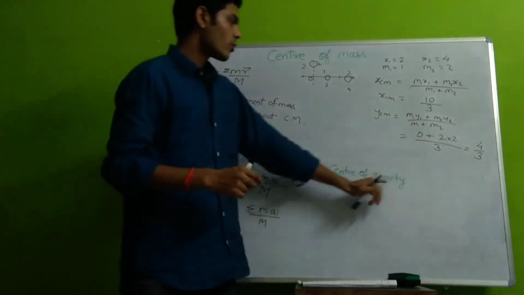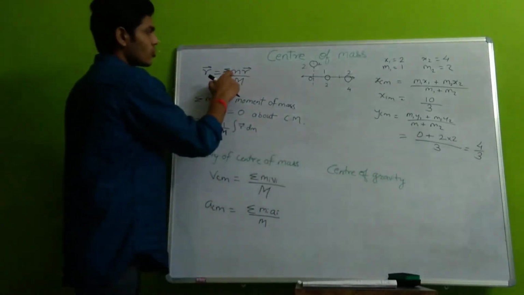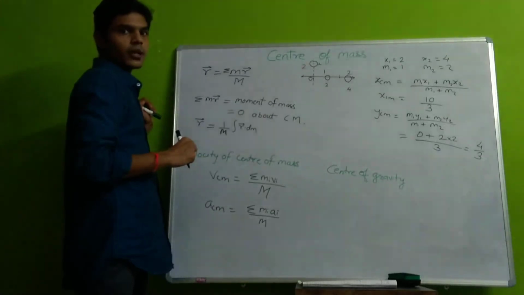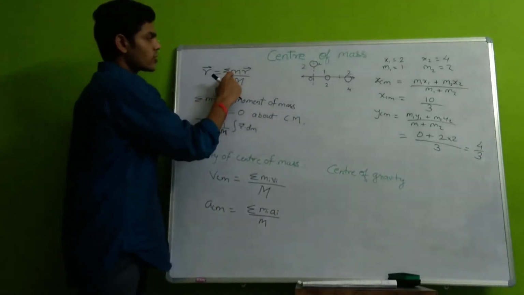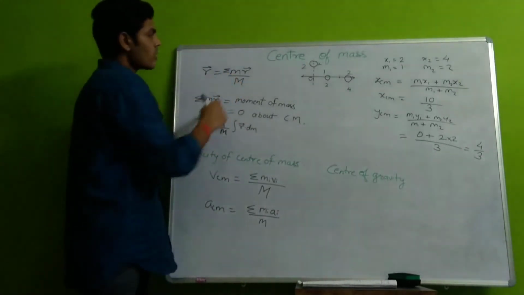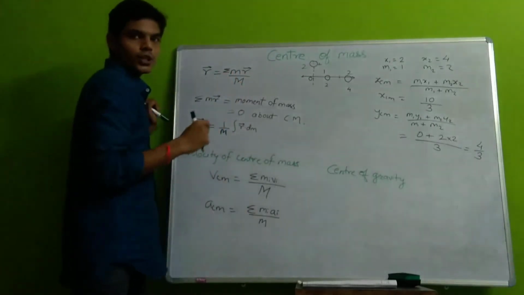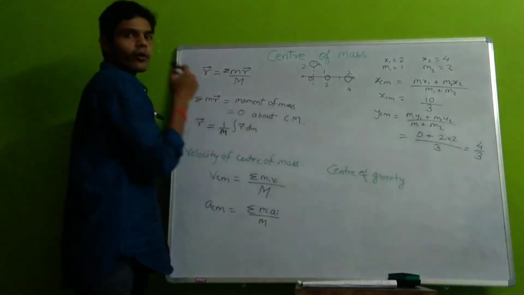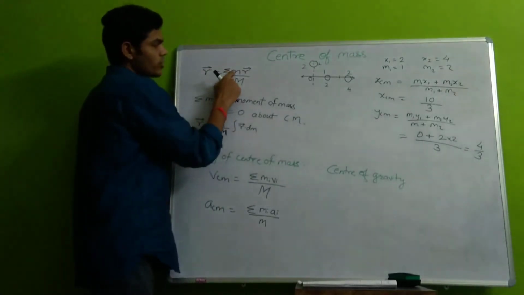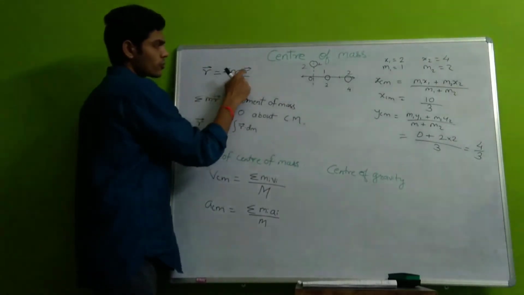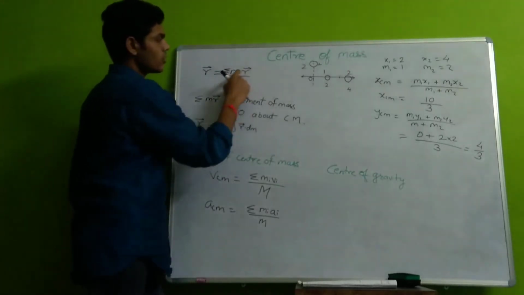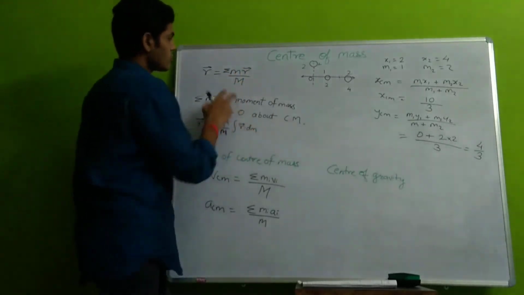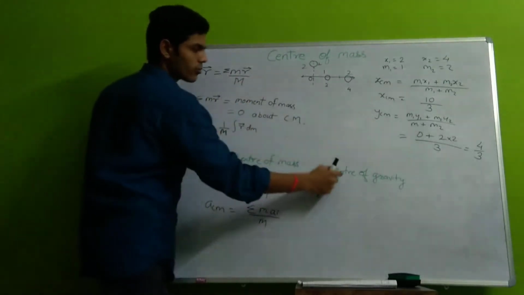Now for center of gravity, we multiply mass by acceleration due to gravity. So instead of m it will be mg. And what is mg? Mg is the force due to gravitation. We call it weight. So mg will be force, and the product of force and r, the position vector, is torque, so it will be 0 about the center of gravity.